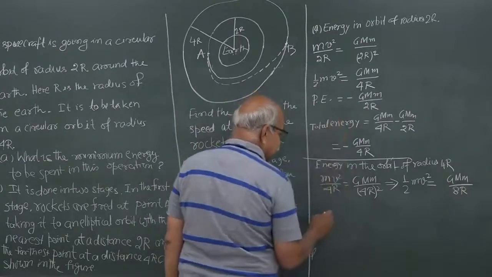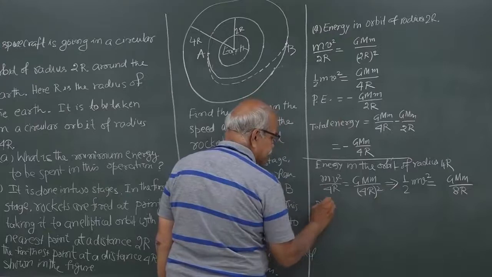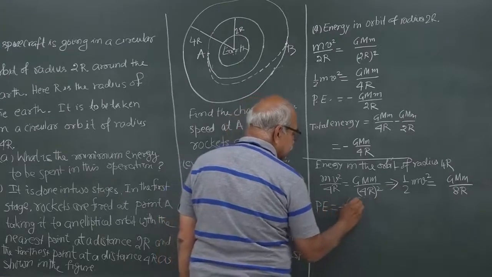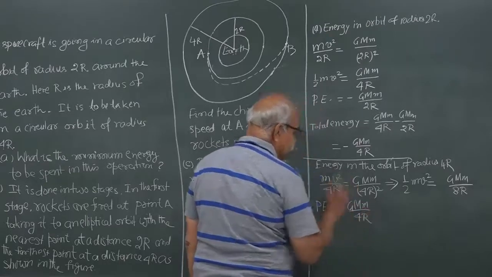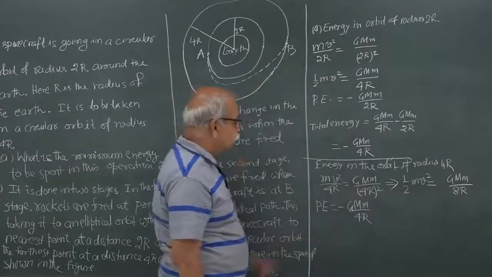And then potential energy, you can write, is minus G M m divided by 4r when it is at the distance 4r.